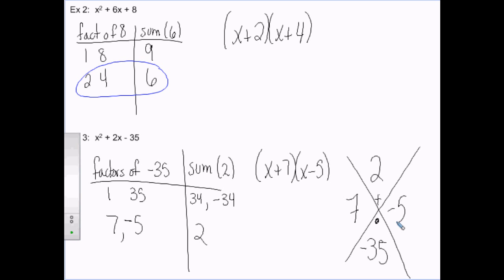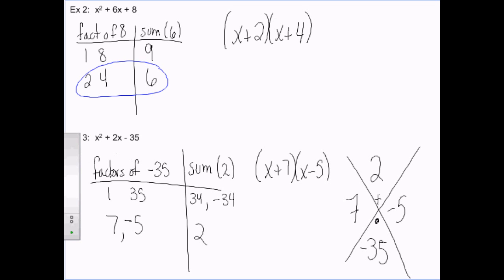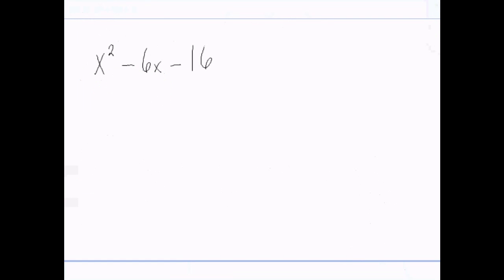Okay, so we've had all positive, and a positive and a negative. Now I have 2 negatives.